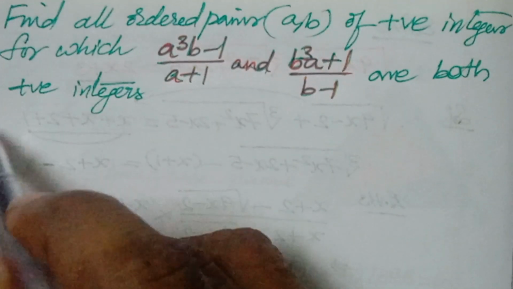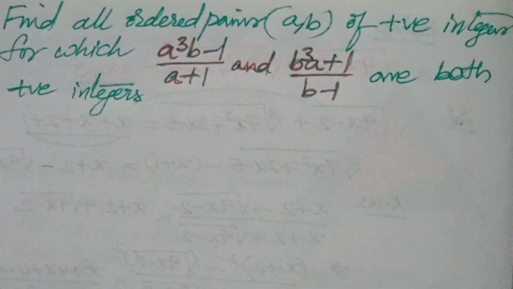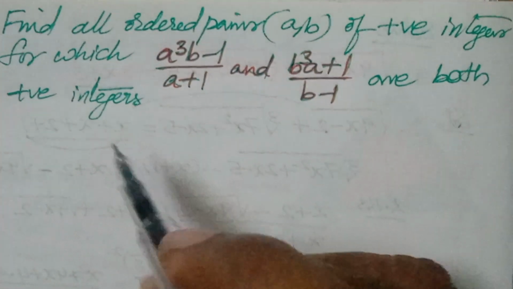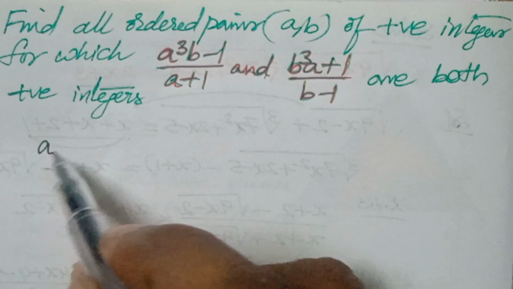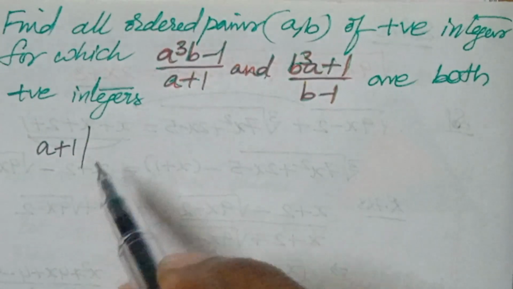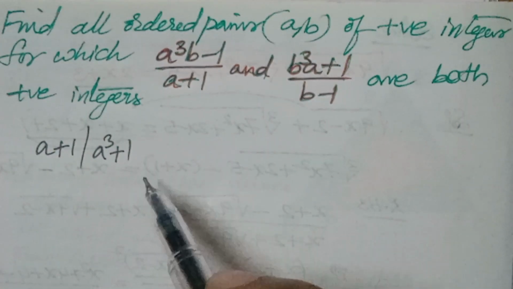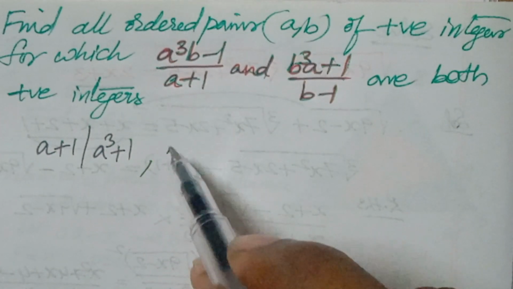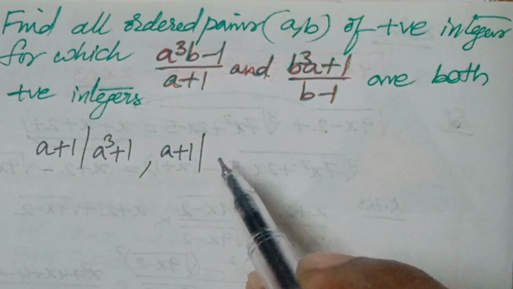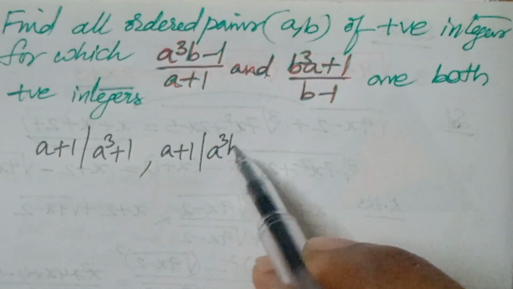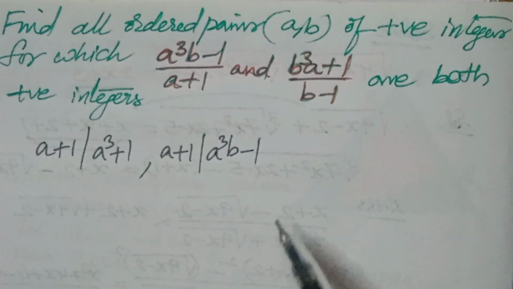Here some logic is there. That's why this question is selected. So here we know that a + 1 divides a³ + 1, and it is given a + 1 divides a³b − 1.